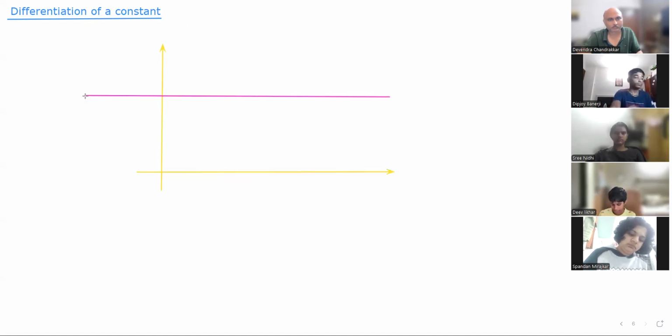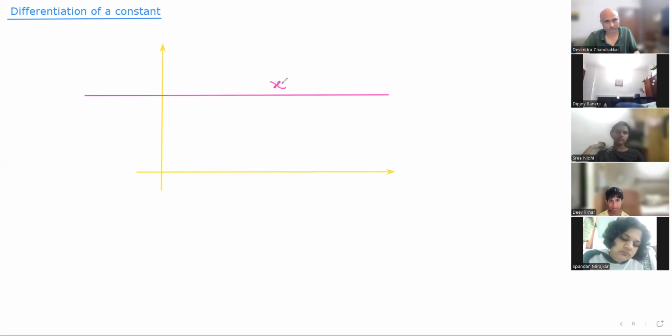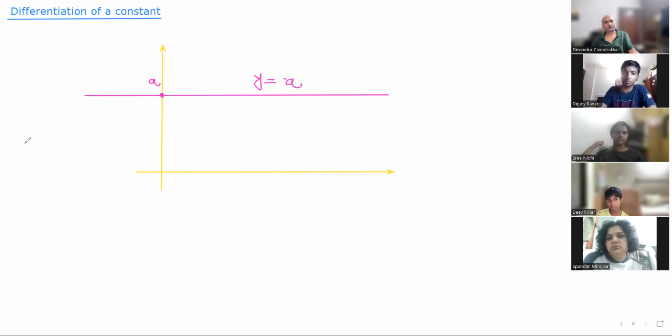This is x, this is y, and y is equal to, let's say, some a. This point is a on the y coordinate. So this is y is equal to a.